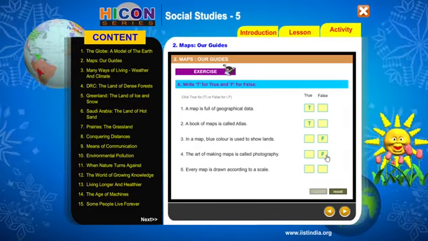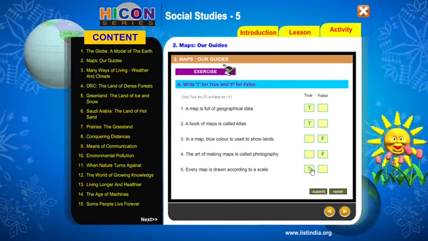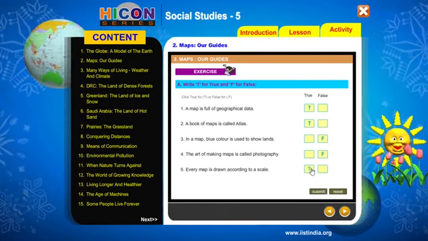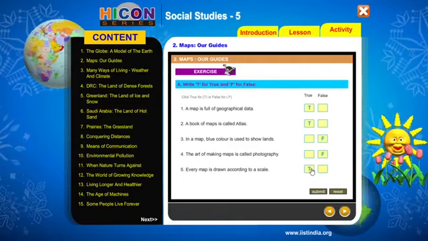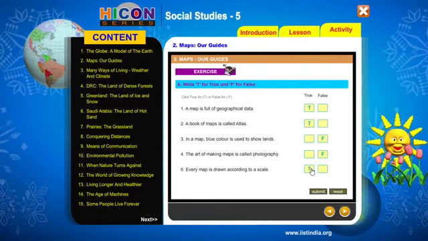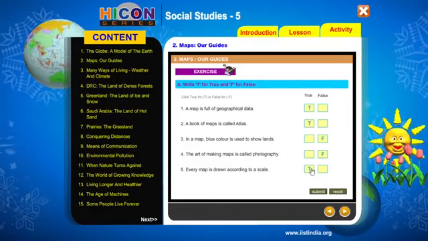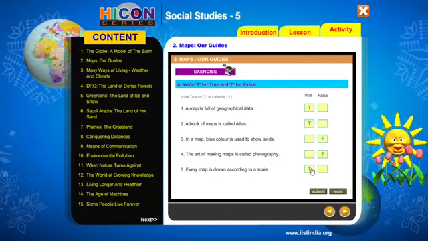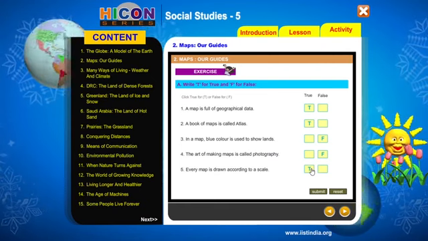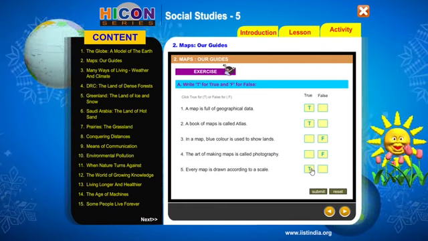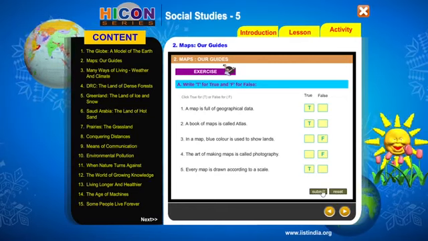Yes. The real distance on the earth is reduced to a particular scale. Only then we can have the exact size, shape, and the details of the area, isn't it? So every map is drawn according to a scale, right?